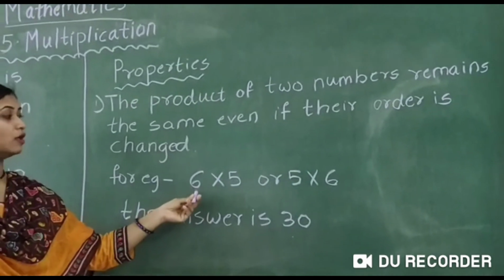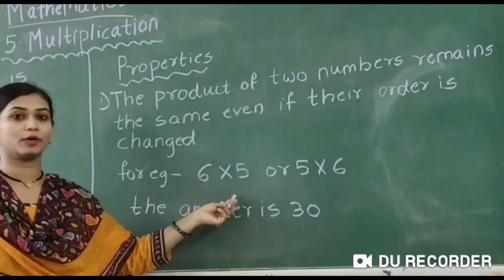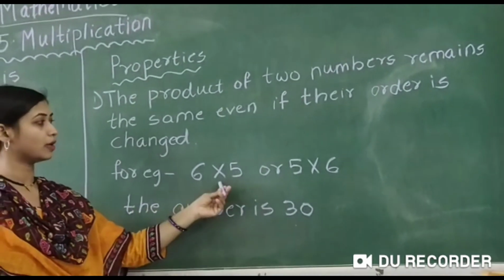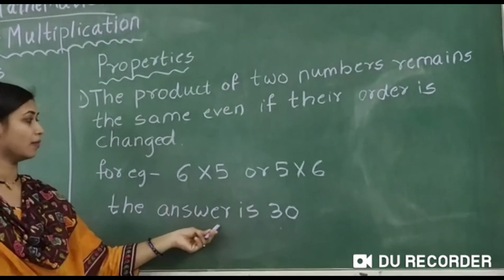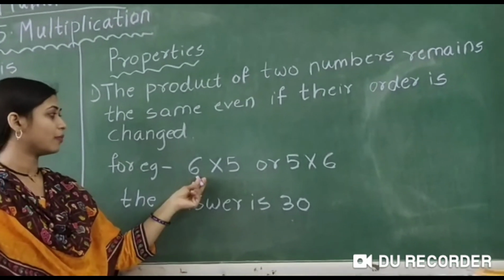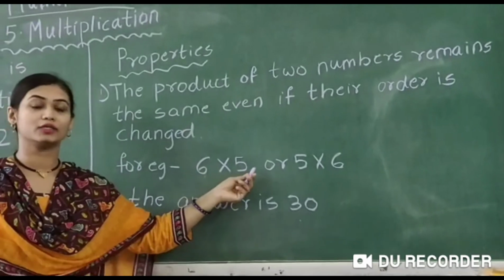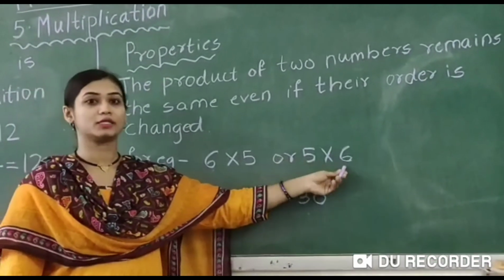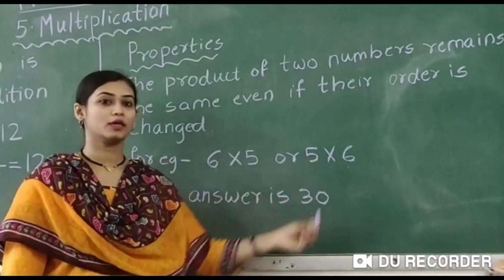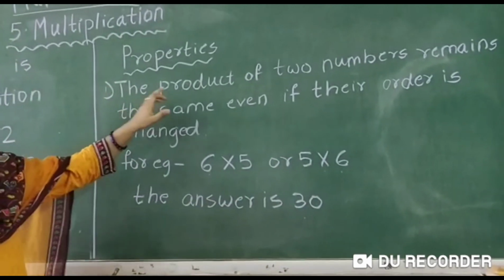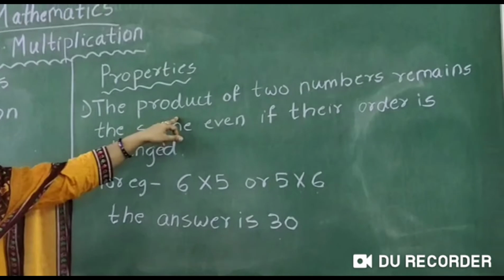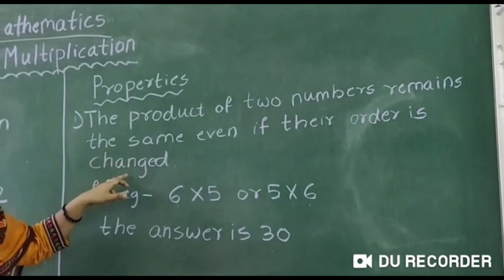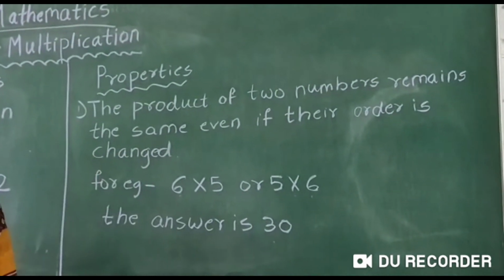This means if you change the order of the numbers, the answer will be the same. 6 multiplied by 5 is 30, and also 5 multiplied by 6 is 30. It means that the product of two numbers remains the same even if their order is changed.